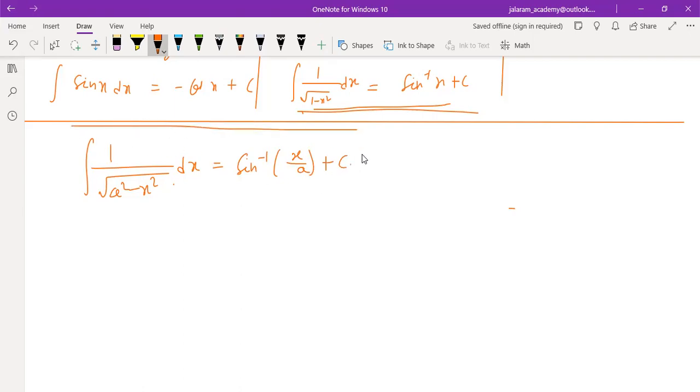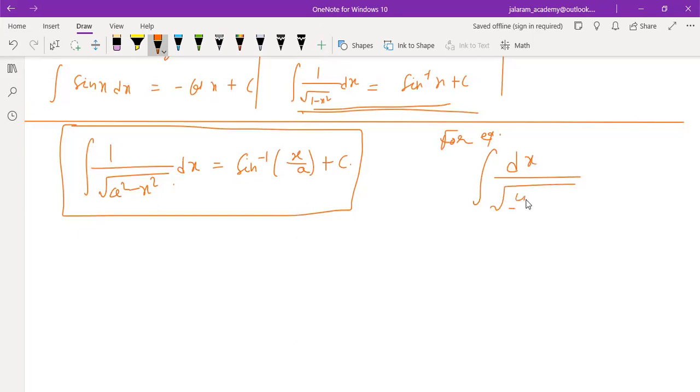Now we can use this formula directly, for example if dx upon under root 4 minus x square is given, we directly write the integration as sin inverse x by 2 plus c.